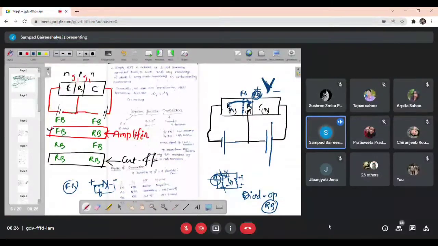Amplifier का objective क्या होता है, तुम जितना भी दे रहे हो मैक्सिमम टू मैक्सिमम वो मिलना चाहिए। तो उसके लिए सेकंड जंक्शन को रिवर्स बायस में रखना पड़ेगा। So this is the region you have to remember: whenever the input junction is forward bias and the output junction is reverse bias, at that time the transistor is used as an amplifier.